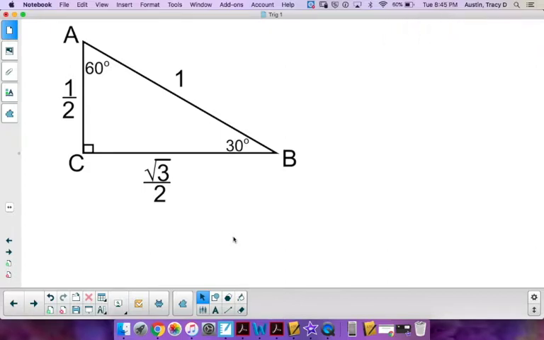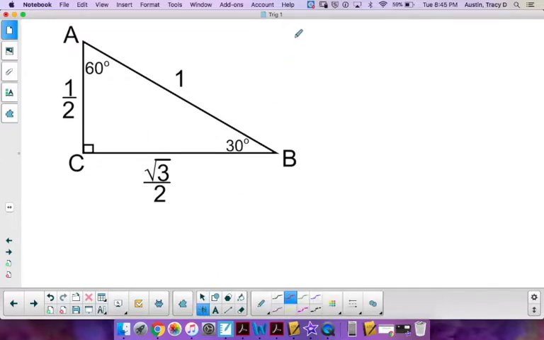Okay, here we have it all set up as far as the 30, 60, 90. All right, so we're going to go ahead and tip in here.